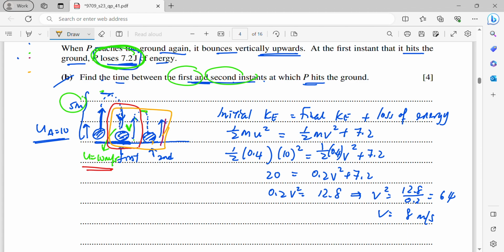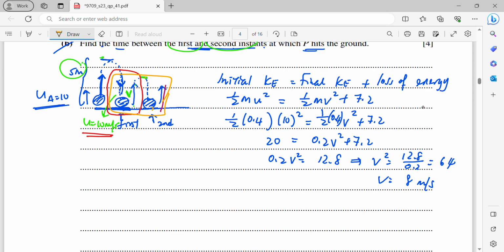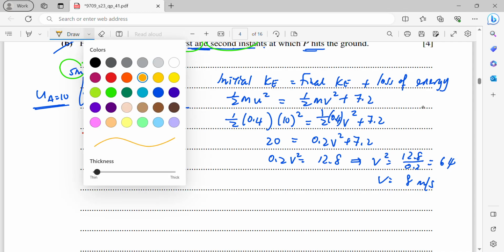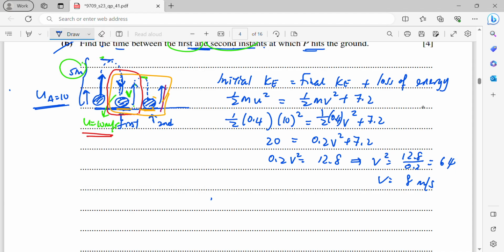I will say that the displacement will be 0 because we are considering the instant it hits the ground. So for this case, I'm going to use another formula, which is s equals ut plus half at squared, because I consider the orange color now. The displacement will be 0 because it hits the ground again.